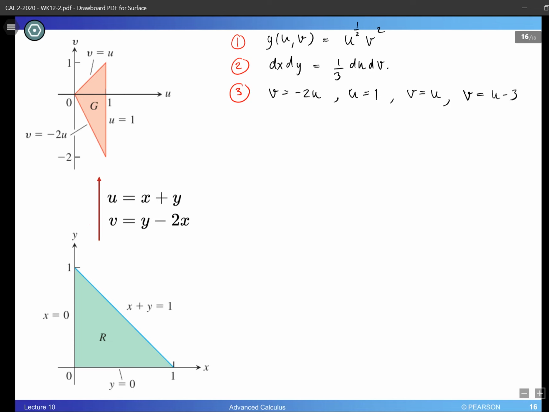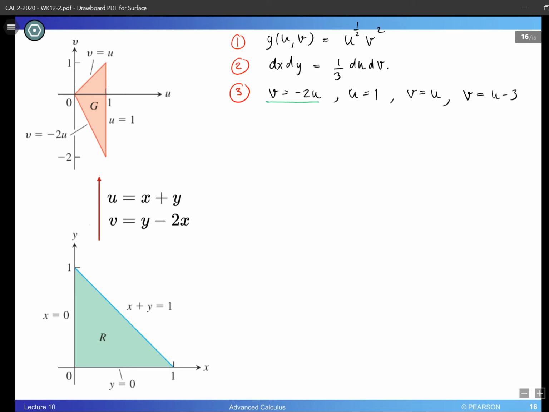Okay, now we have all of them here. We are going to draw them on a graph. So let's start with this one, v equal to minus 2u. Now we are going to work on the space of u and v. As you can see here, there is no x and y anymore, so we are going to put u and v on the axes.